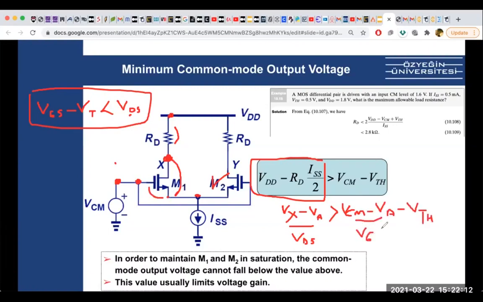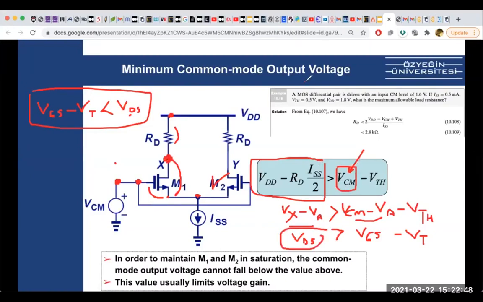Writing this, we know that VDS is bigger than VGS minus VT. And writing this shows you that VCM can't be bigger than a certain voltage. VDD minus RD ISS over 2 is basically setting a voltage for VCM.